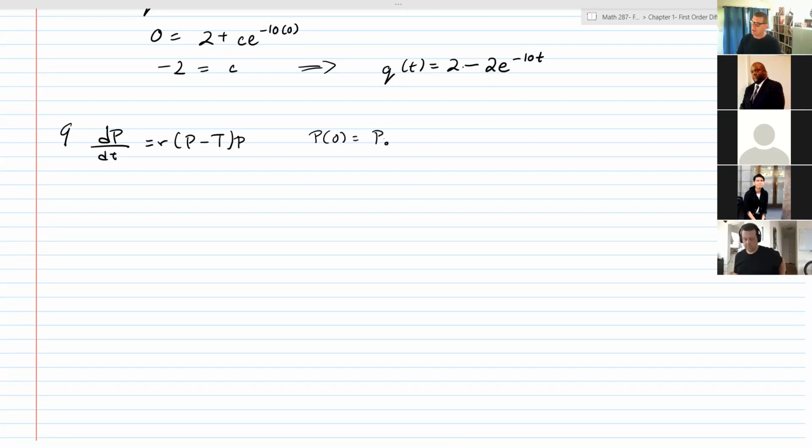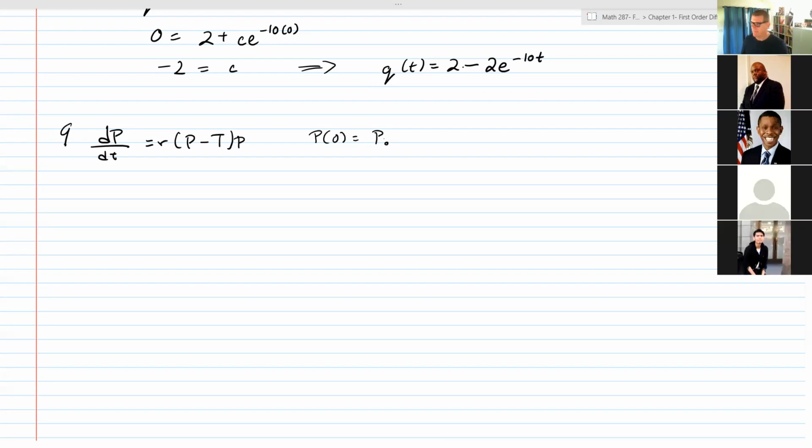We'll take care of that, and then also look at the predictions you can make regarding the behavior of the population when P naught is less than T and when P naught is greater than T. Then I'll help you with describing what you might want to say about that.